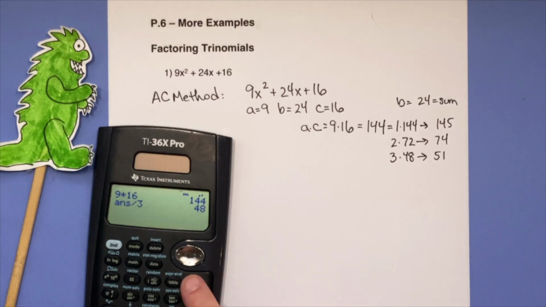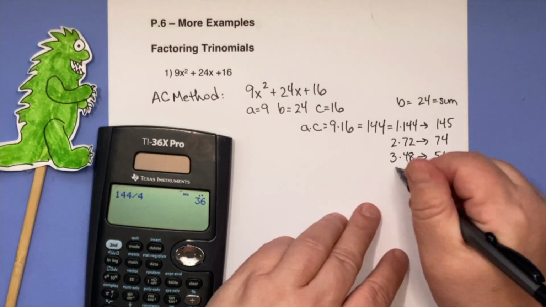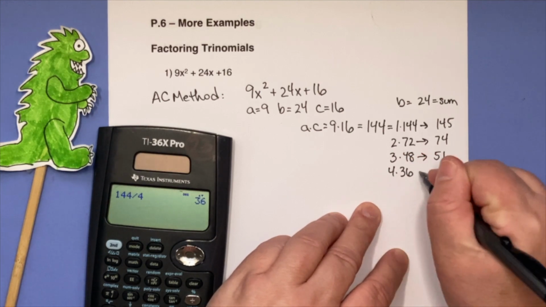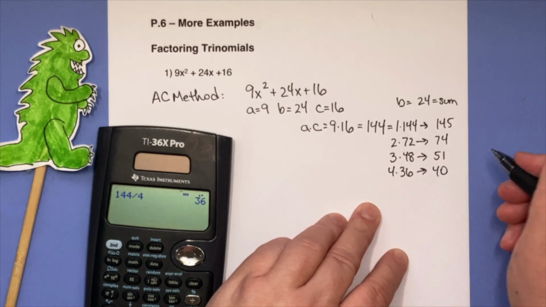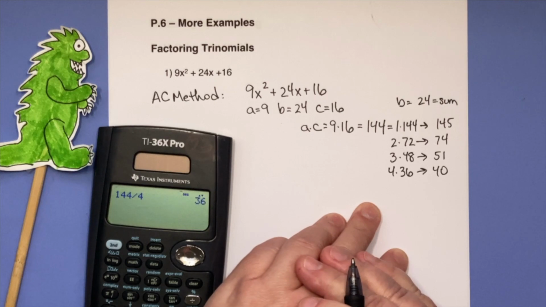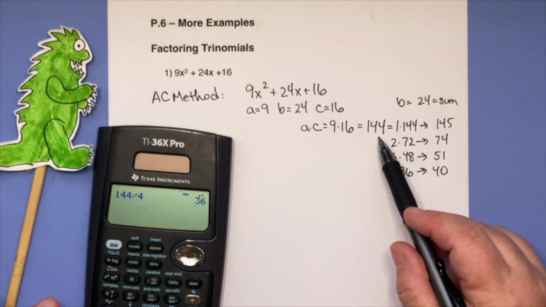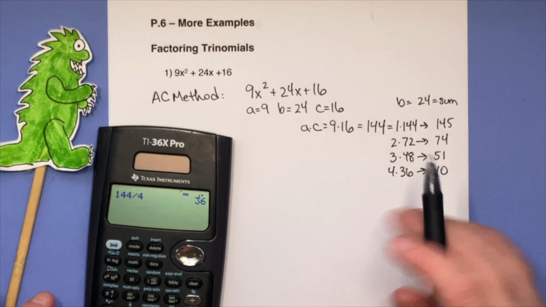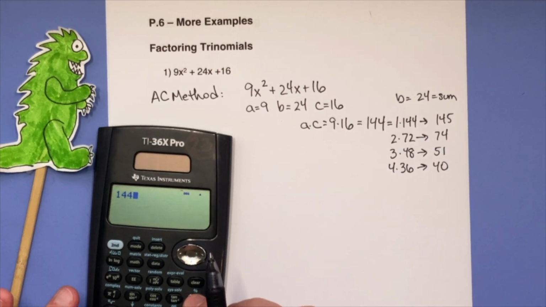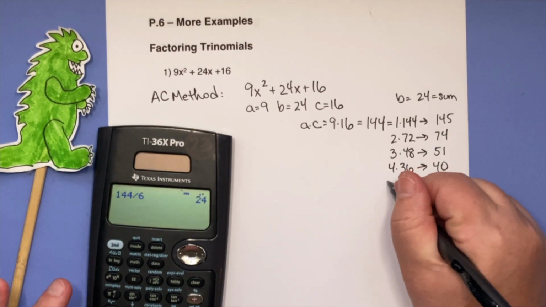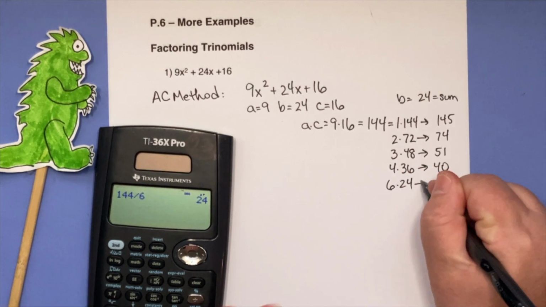Does 4 go into it? 4 times 36, the sum is 40. We could do this. This is not the worst way to spend your life. 5 doesn't go into it. 6 times 24, the sum is 30.